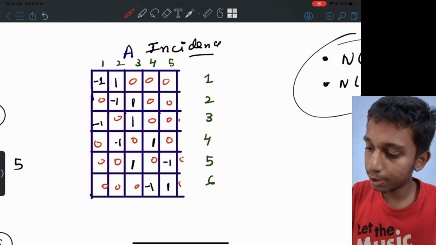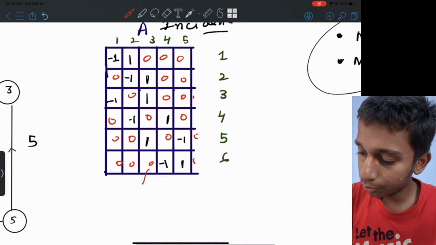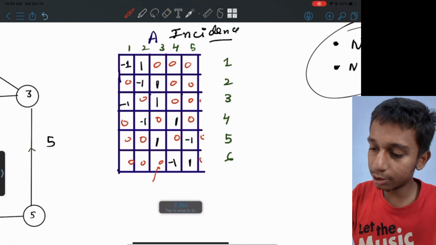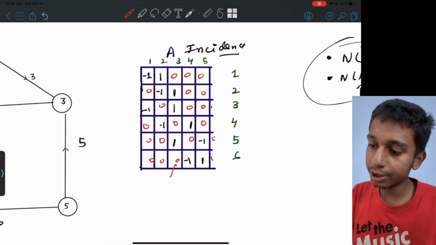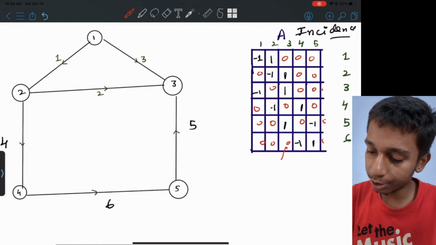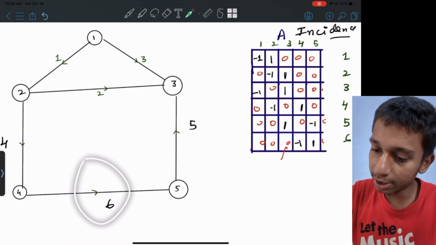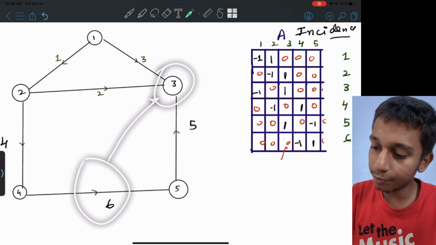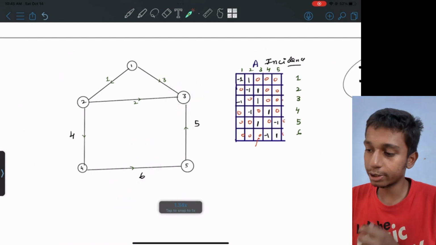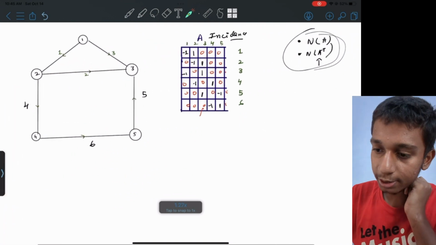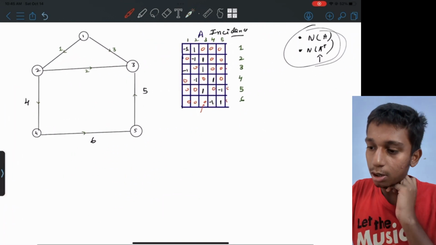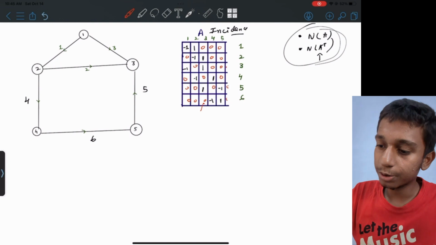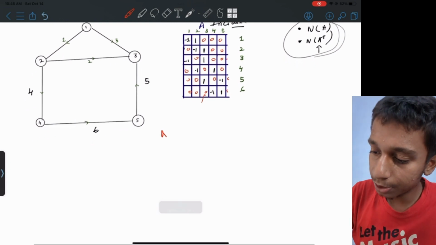So for example, this 0 indicates that there is no relation between the sixth edge and the third vertex. The sixth edge is over here and the third vertex is here, and therefore they have no direct connection. So now let's move on to the problem, the null space of A matrix.